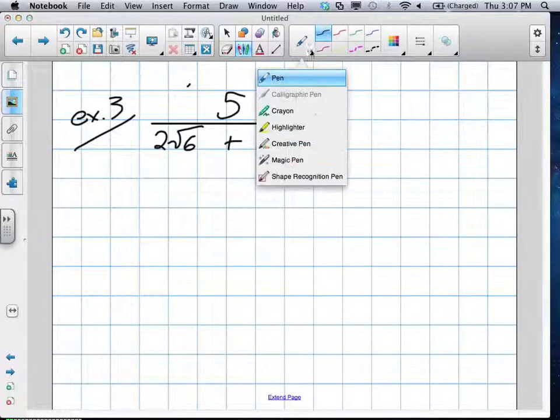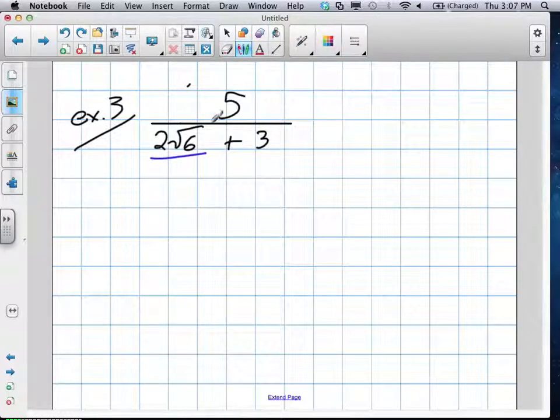We have a 2-term denominator, 2 root 6 and 3. Because we have 2 terms and they're not both radicals, I'm going to keep the exact same expression, just change the operation. Now remember, in the very first question, we only really needed to multiply by that radical. In this one, it's going to be better for us if we use both terms.